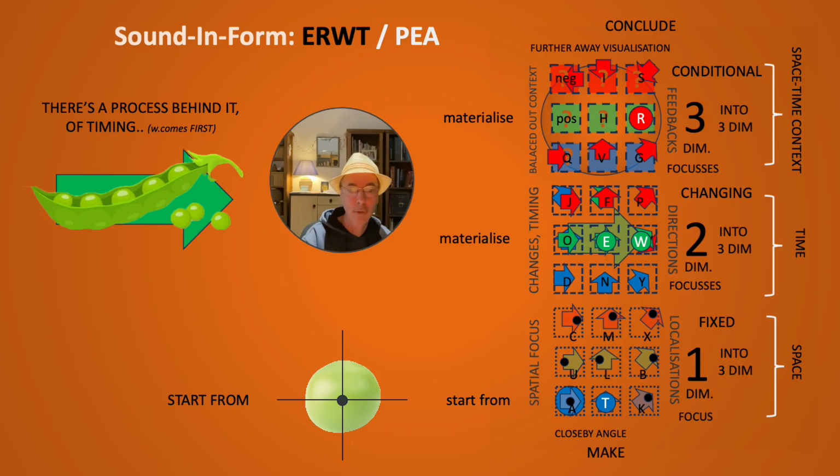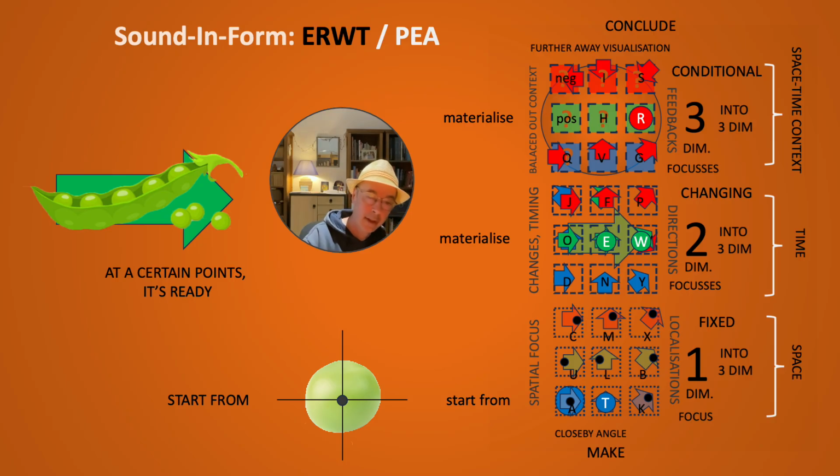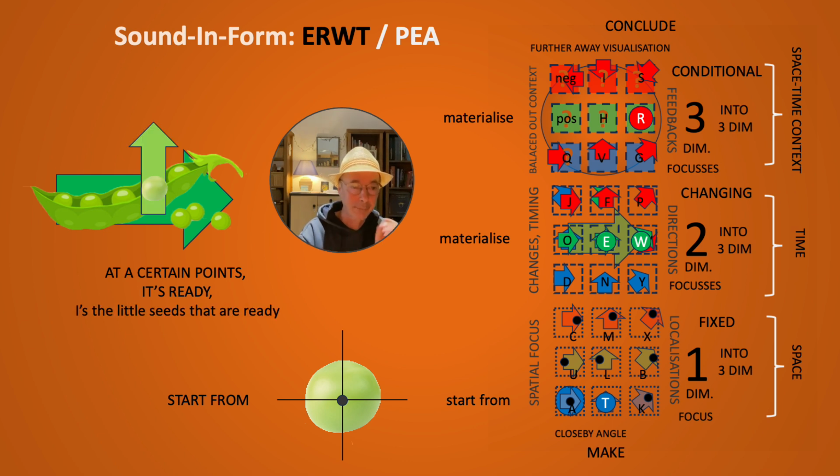It is about something that has a process behind, a timing. And it's not just a timing. A timing also means we don't have it immediately. There is a point when it's ready. And that's what the E letter, how it has been written, is, and in this case also pronounced as ERWT.